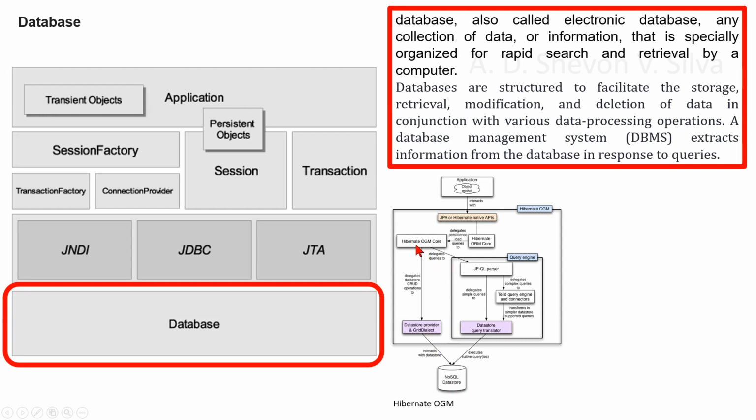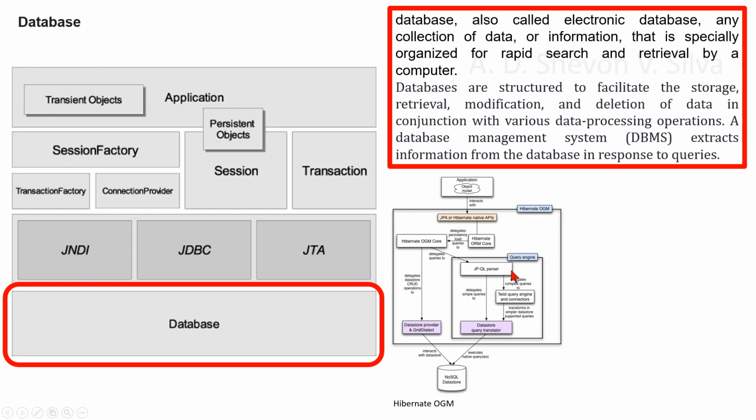Hibernate OGM core delegates queries to the JPQL parser. JPQL parser, data store query translator, and tied query engine and connectors are inside the query engine. The JPQL parser delegates simple queries to the data store query translator.